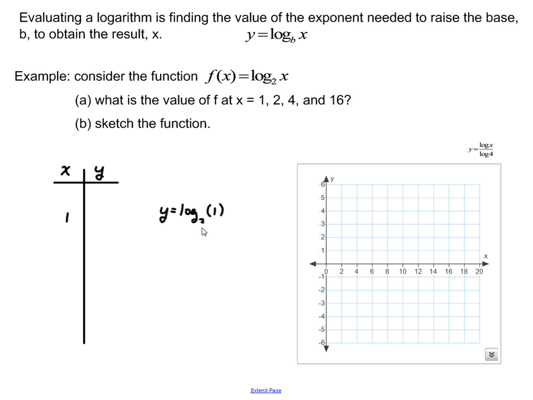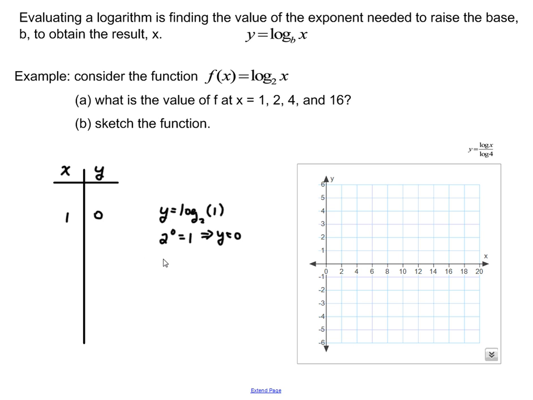And we're saying, okay, to what power must you raise the base 2 to get 1? Well, 2 raised to the 0 we know is equal to 1, so that implies that y must be equal to 0 in this case, and so our graph must pass through the point (1, 0).